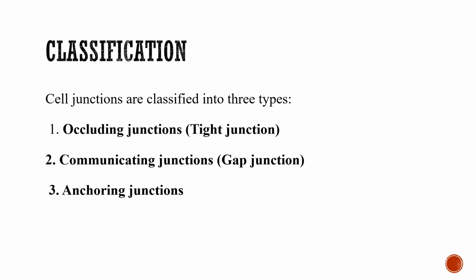Communicating junction allows some substances to pass easily from one cell to the other cell. So there is a gap between the cells which allows the transport of substances. And anchoring junction, the meaning for anchoring is it is going to attach the cell. So the anchoring junctions mainly provide attachment between two cells.